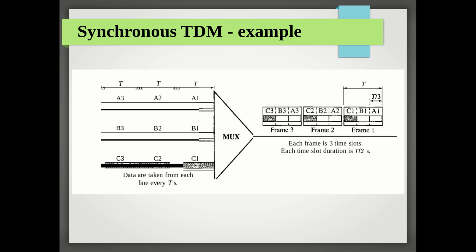The time taken to transmit a particular unit of information: in 1 second 10 units are transmitted, then for transmitting 1 unit, how much time? 1 by 10 seconds are needed. Same concept.